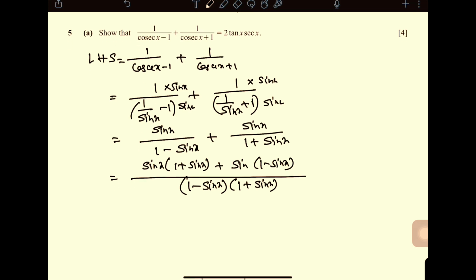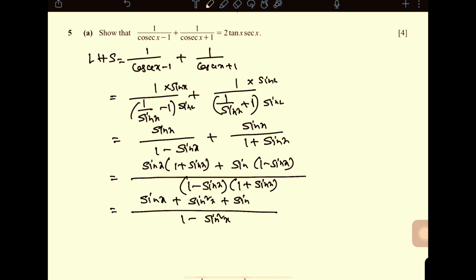Then we can do 1 minus sin square x, I mean a square minus b square formula. If I apply, it is sin x plus sin square x plus sin x minus sin square x. Sin square x cancels. So we can write here, this is 2 sin x, and 1 minus sin square x is cos square x.